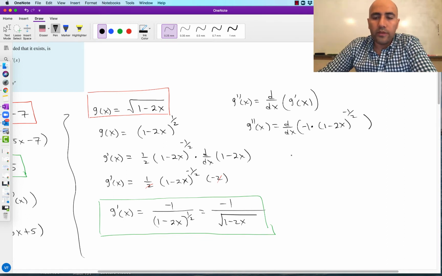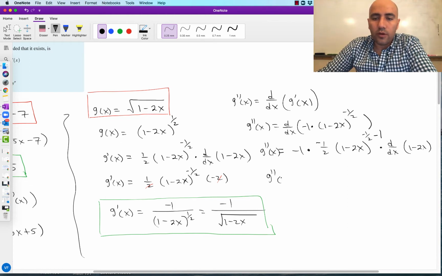We know we can pull the negative 1 out in front. It's just a constant. So g double prime of x is equal to negative 1 times, and now again using the chain rule, we can bring down the negative 1/2, 1 minus 2x to the power of negative 1/2 minus 1, times the derivative of the inside part once again, 1 minus 2x.